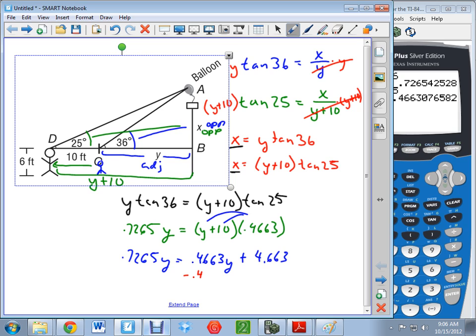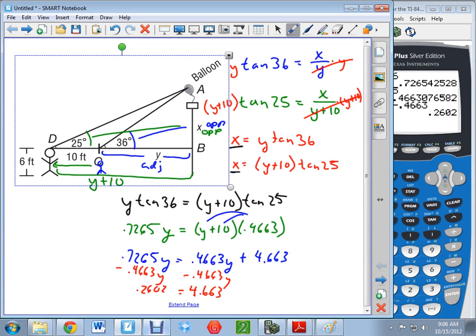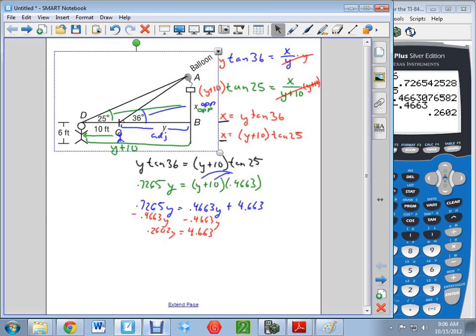I'm going to subtract 0.4663y from both sides, and that'll get me that 4.663 is equal to, and then I just have to subtract them, 0.7265 minus 0.4663 is equal to 0.2602y. Last step would be to simply divide both sides by the 0.2602.